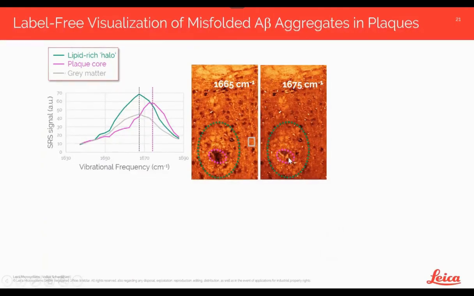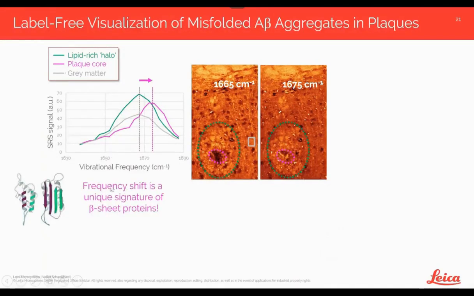These fibrillar structures actually correspond to amyloid beta. This frequency shift is a known signature of misfolding of proteins into a beta sheet configuration, which is known to happen when amyloid beta peptides aggregate into those famous Alzheimer's plaques.